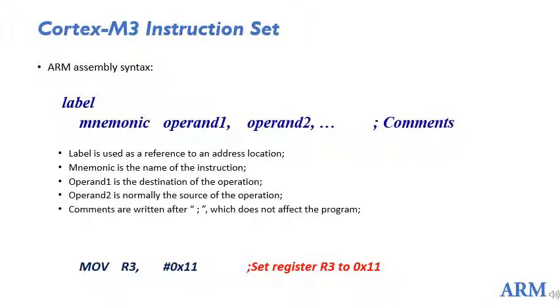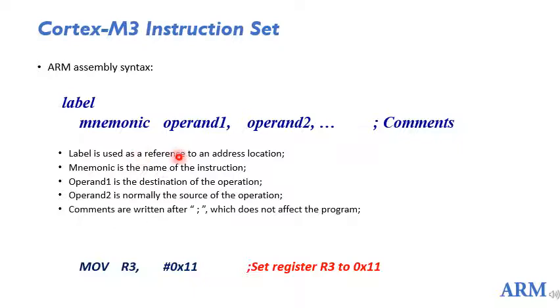With this introduction, we'll move on to the actual Cortex M3 instruction set. So the syntax of an ARM assembly instruction will look something like this. That is, it will have a label, a mnemonic, operand 1, operand 2, and the dots specify there can be more than 2 operands, then a semicolon and comments. Here the label is always optional.